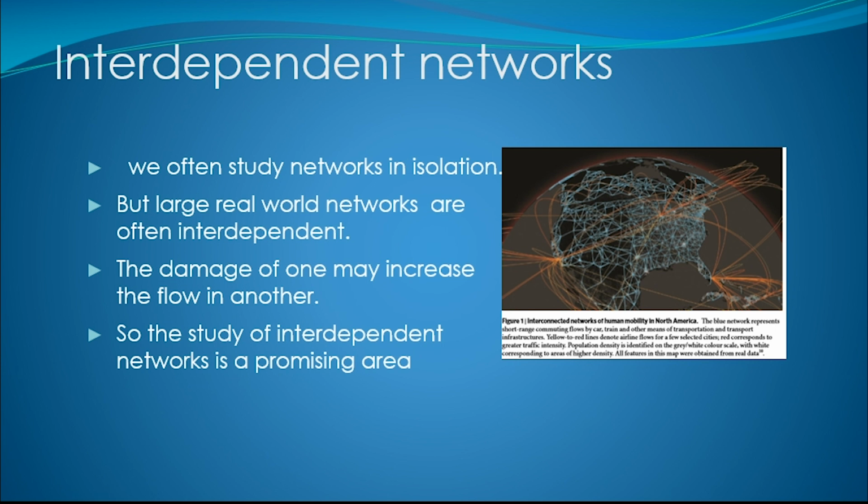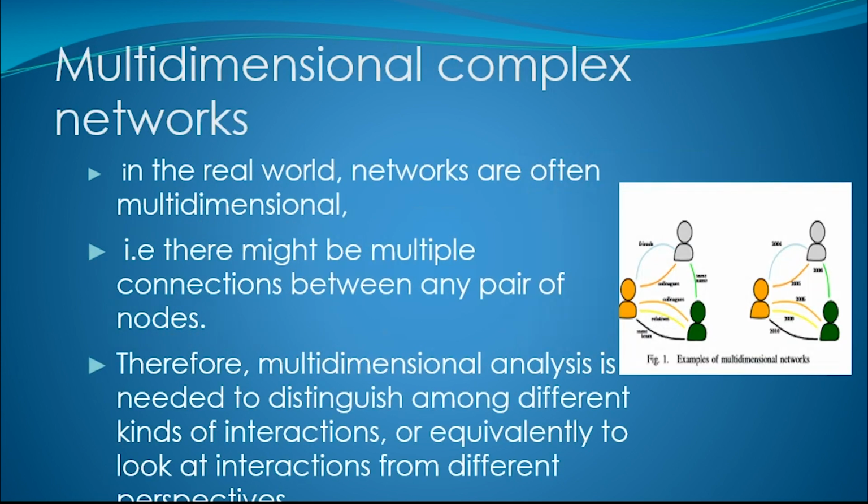Consider the rail network and the road network. They are actually two different networks. But what happens if a rail bandh is there? Flow in the road network increases. So they are interdependent. Also, the networks may be layered.